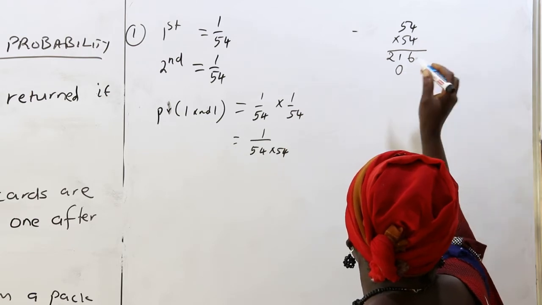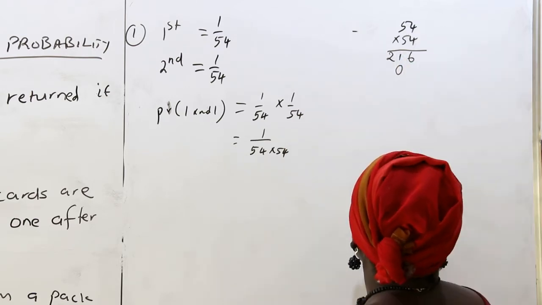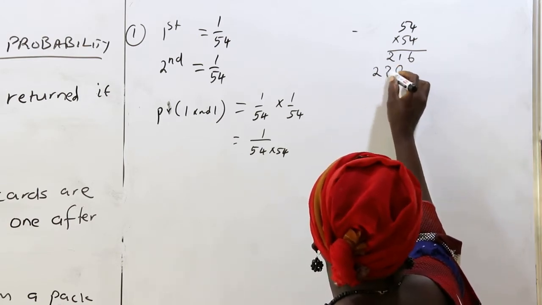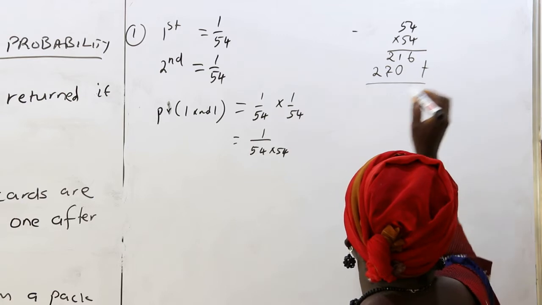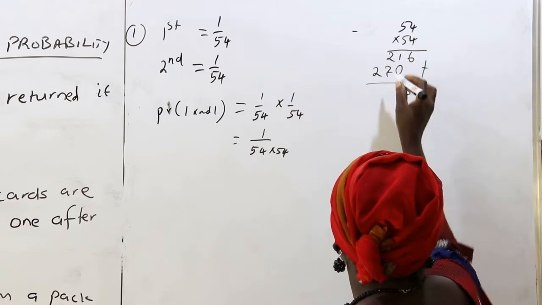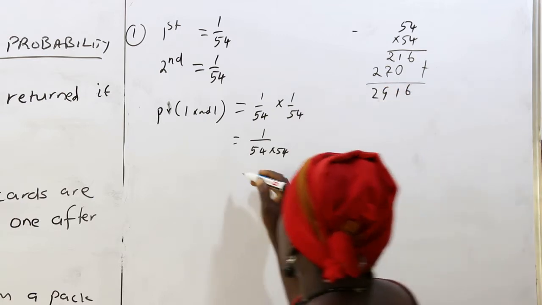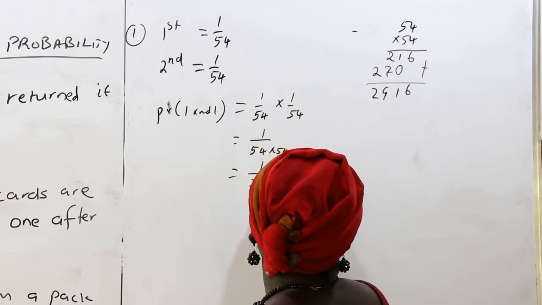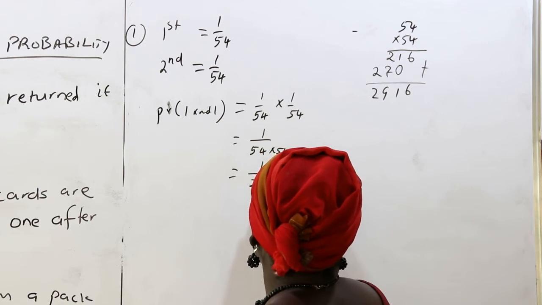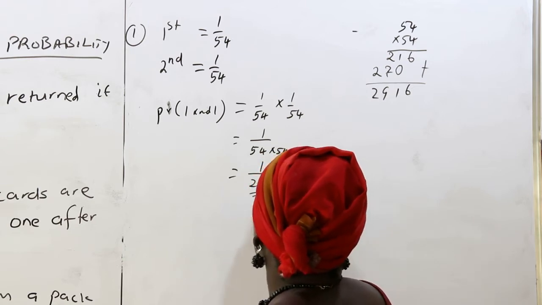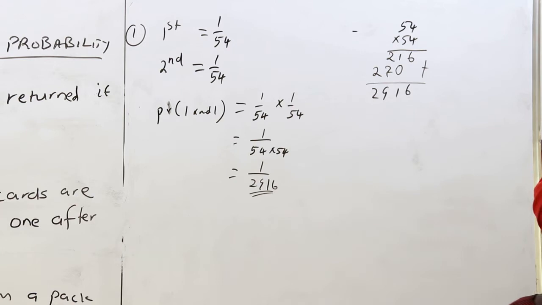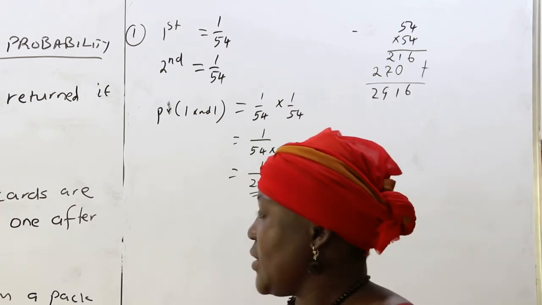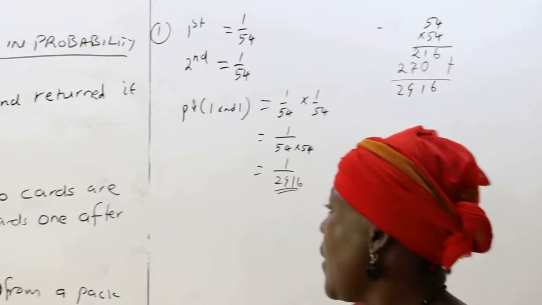We have 0, carry 2. 5 times 5, we have 25 plus 2. We have 27. Then you add. So we have 6, we have 1, we have 9, we have 2. So this probability will be 1 all over 2,916. So this will be your probability for the picking of 2 cards from 54 cards.